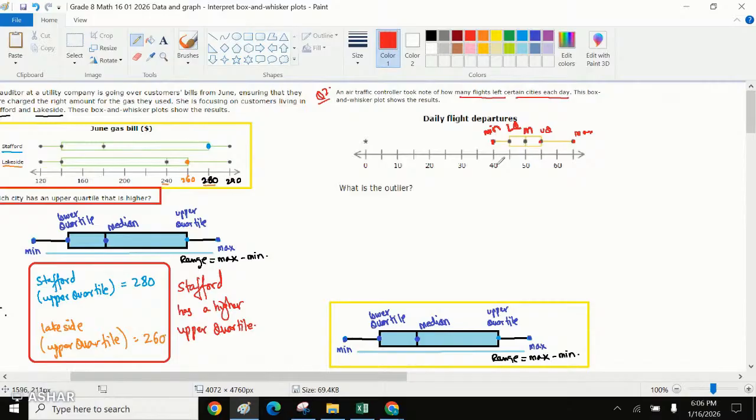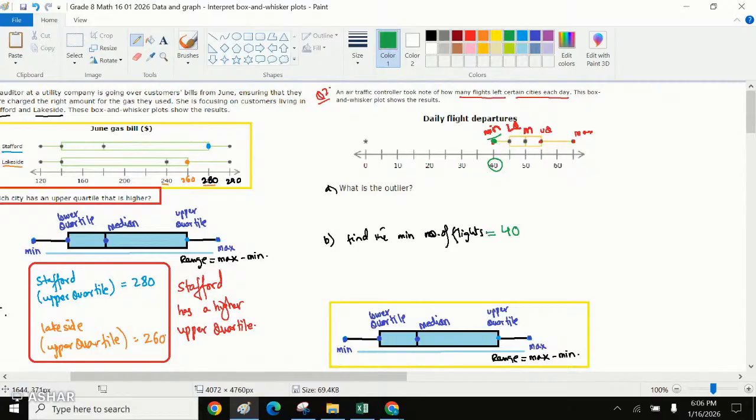This should be the median, this should be the upper quartile, and this should be the max, right? So if I would say, rather than part A, find the minimum number of flights, all we need to do is look at the minimum value. That was 40, right?